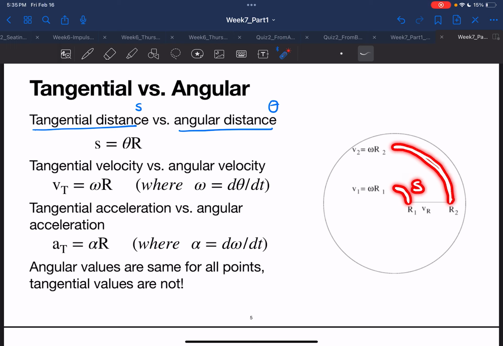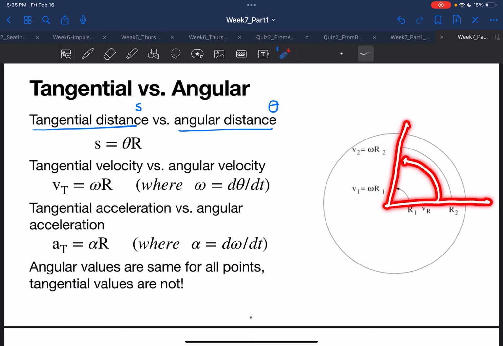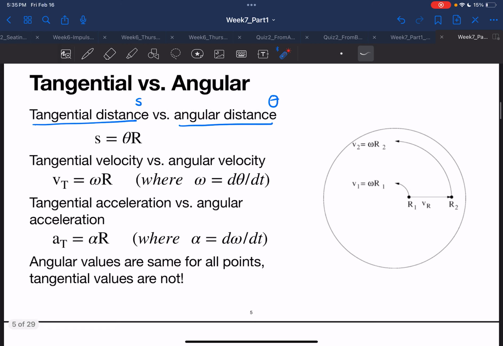There's a different s1 versus s2. But theta for both of these, so from the center, the angle that these traverse is exactly the same. So it doesn't matter at what part of the circle that we are considering, the angular distance theta is the same.